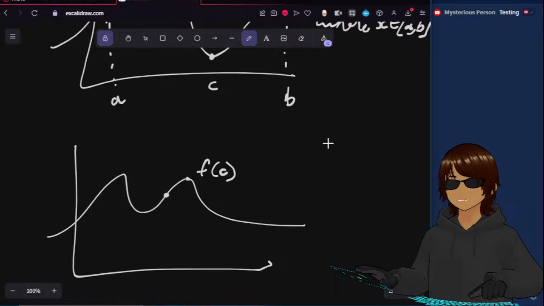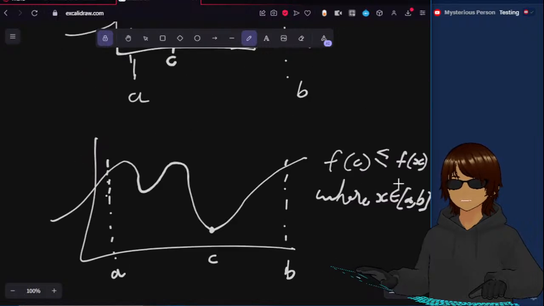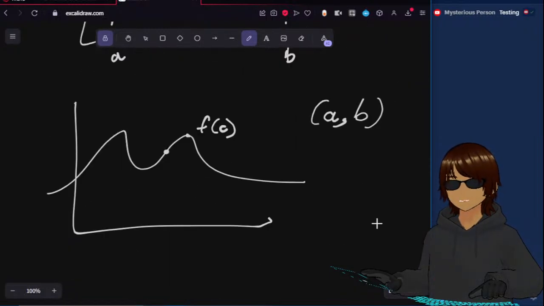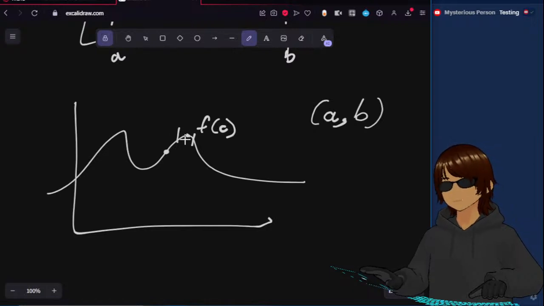By open I mean like this. This would be closed. This would be open. So over here I can make an open interval where c would be the maxima, and over here you cannot create an open interval where this point is the maxima.